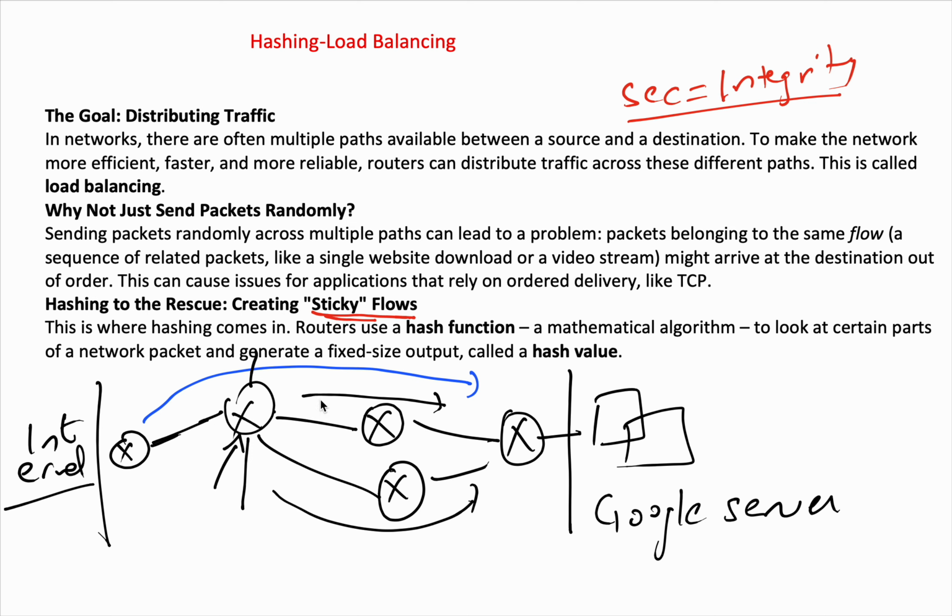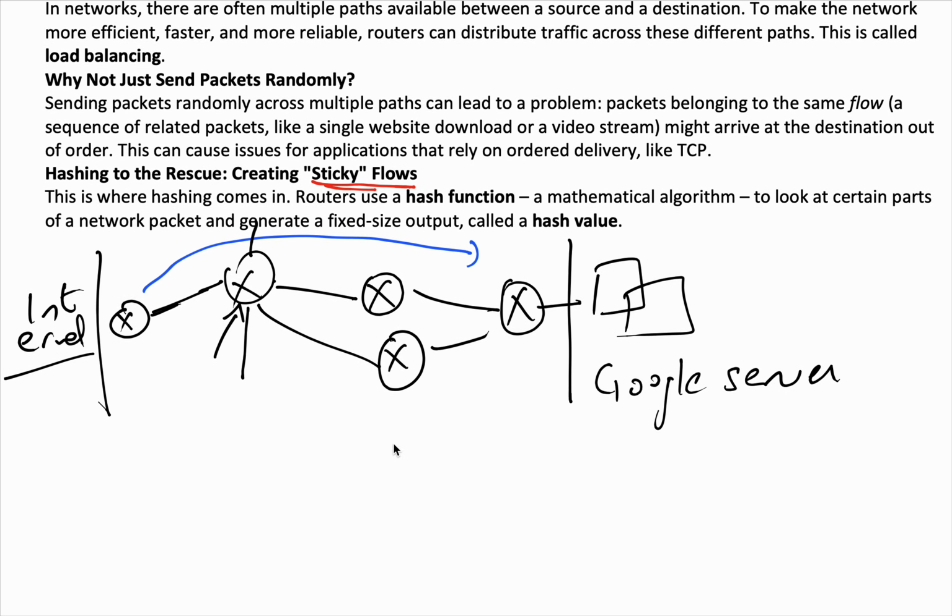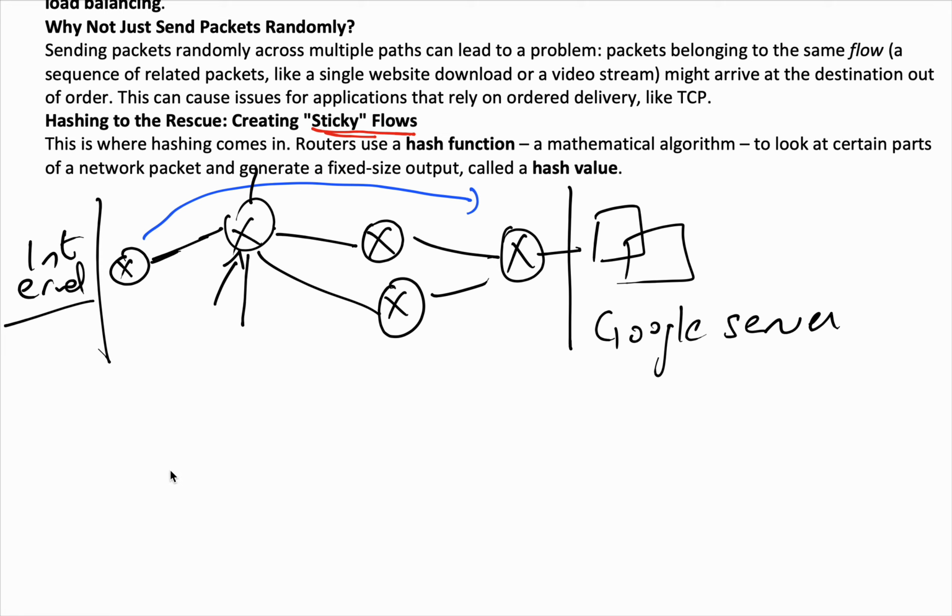Now it has to decide which link or which router it will use to forward packets. It uses something called a 5-tuple, like we use in security: source IP address, destination IP address, source port, destination port, and protocol.